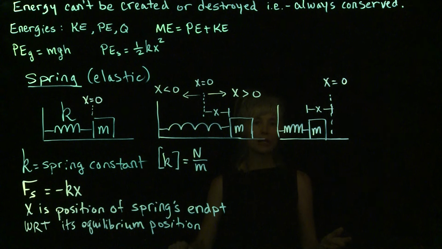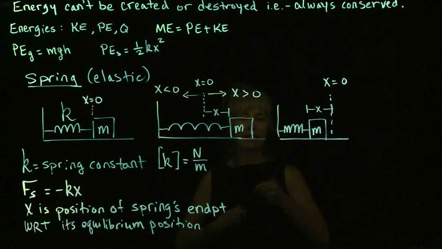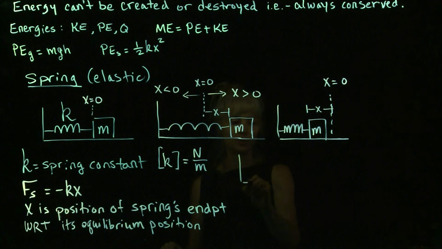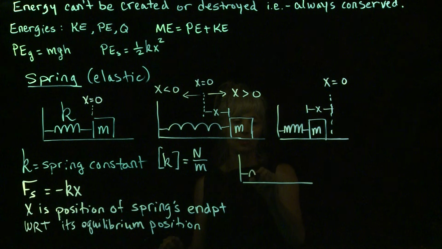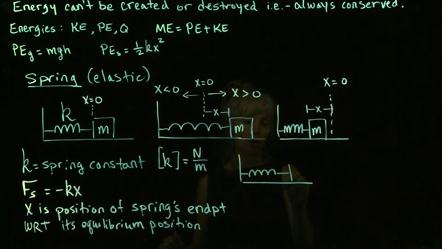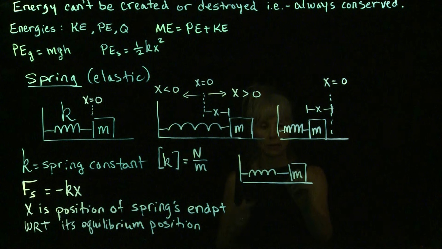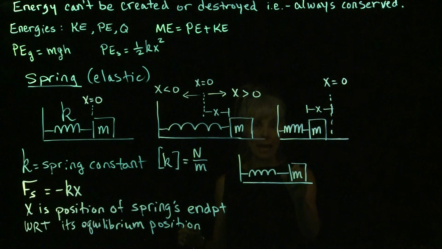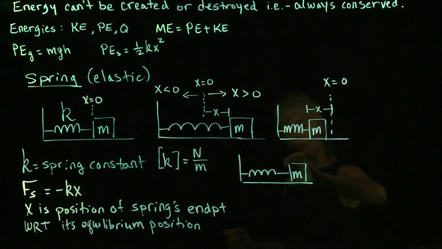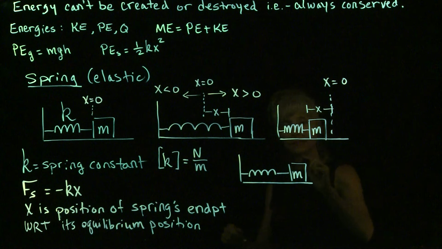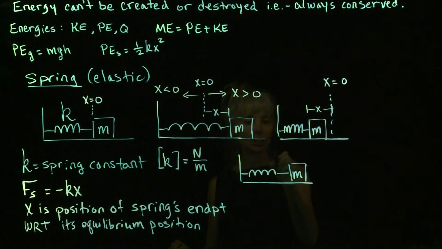Now, how do we measure k in a lab? Well, we ask our lab tech to take the spring in there, and so what he'll do is he'll take his spring and place it on a table, and he'll place a mass on the end of the spring, and he'll pull on the mass so that he displaces the spring.